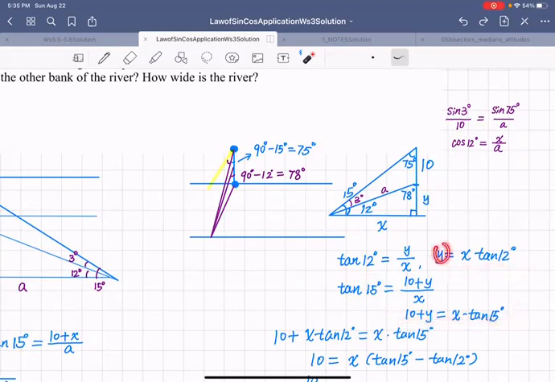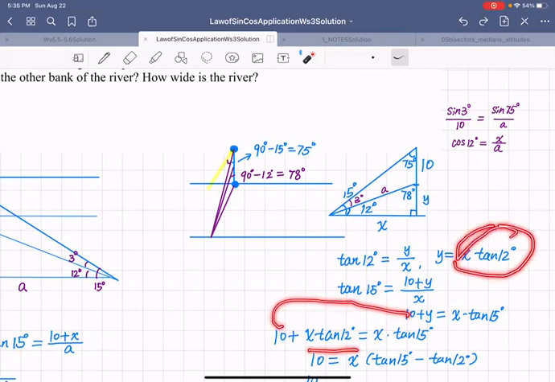Now this y can be replaced to here. So 10 plus x times tangent 12 equals x times tangent 15. Make sense now? Makes sense.